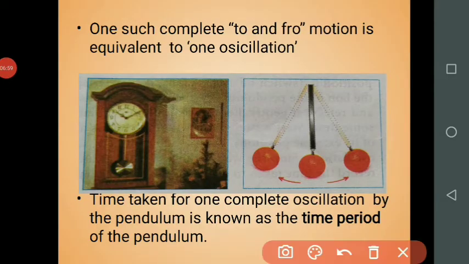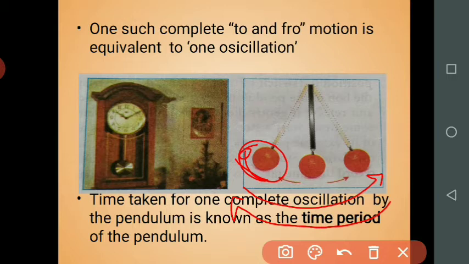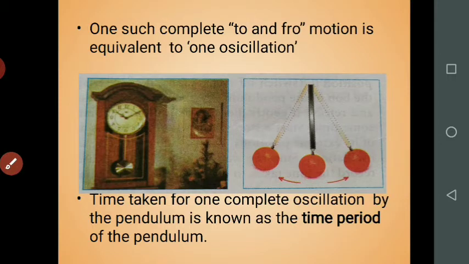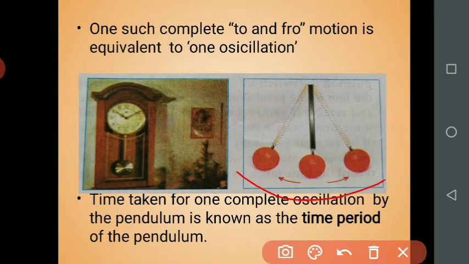Here you can see that this is the mean position and the pendulum moves from here and comes back to the mean position, and this whole cycle is called oscillation. One such complete to and fro motion is equivalent to one oscillation, and the time taken for one complete oscillation by the pendulum is known as the time period of the pendulum.